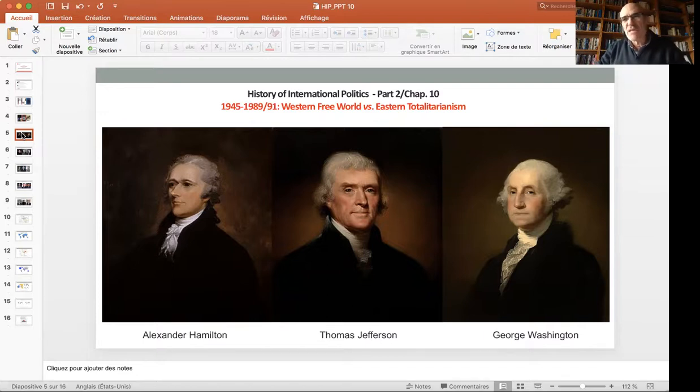Alexander Hamilton was a realist. That is to say, he considered international politics to be synonymous with a never-ending state of war. And he was convinced that the US sooner or later would get involved in the quarrels opposing the then still European major powers.